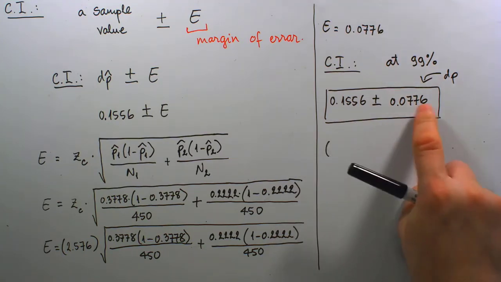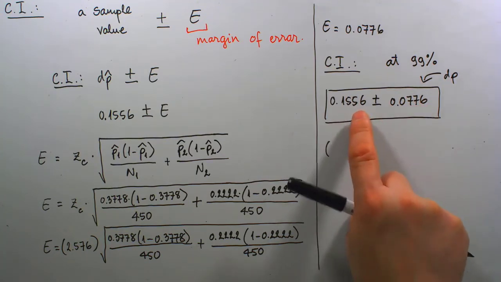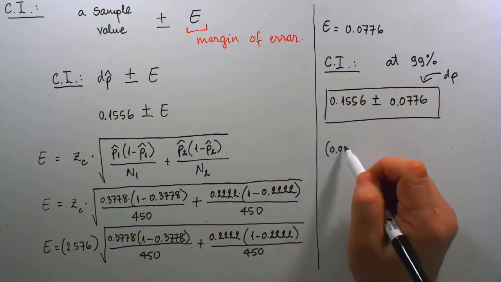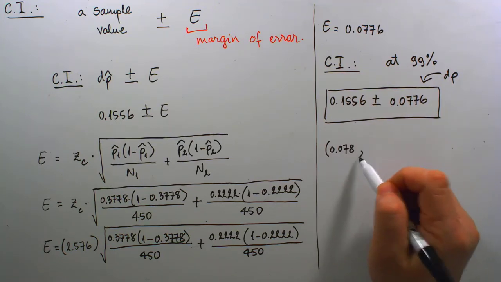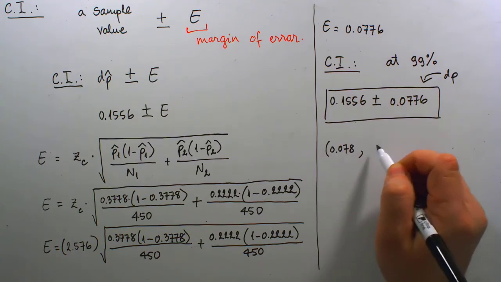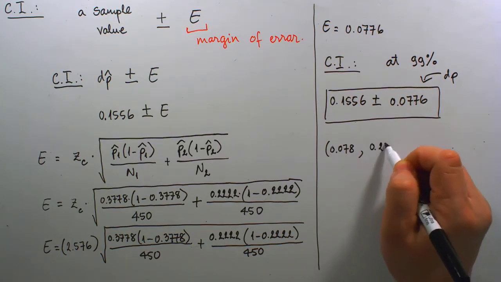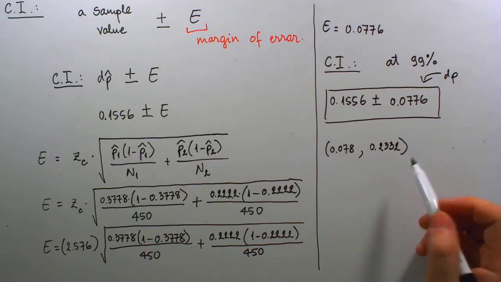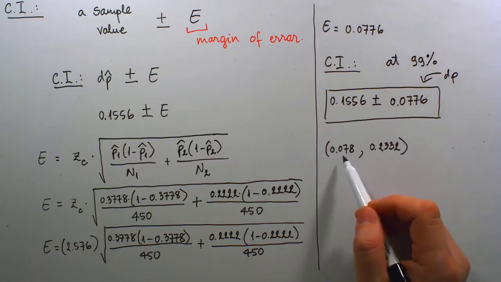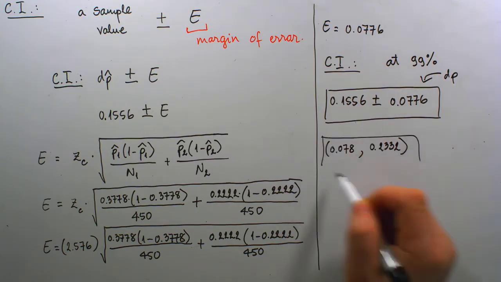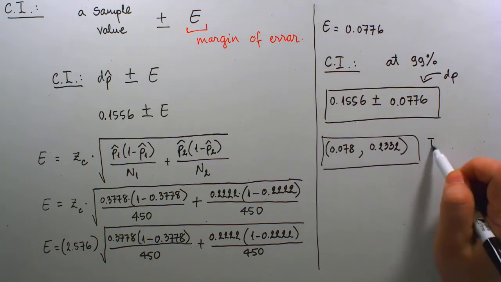So for the low end, after we subtract 0.0776 from 0.1556, we came to 0.078 for the low end, and 0.2332 as our high end for this interval. The interval where it displays the complete low and high ends like this, we refer to as the interval in traditional format.